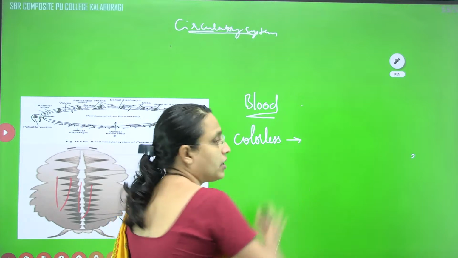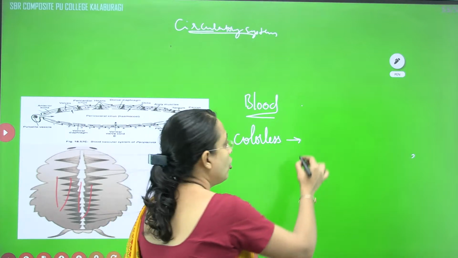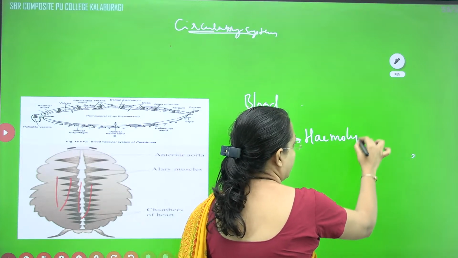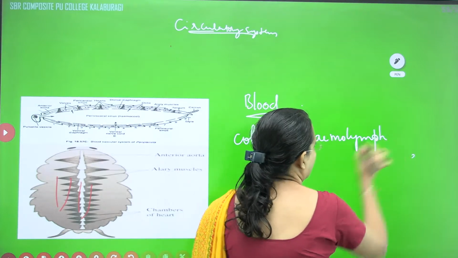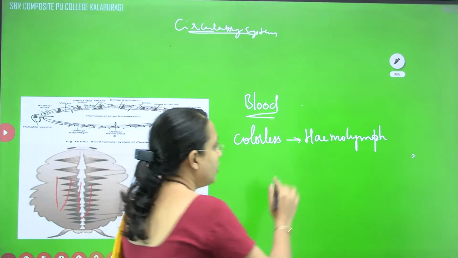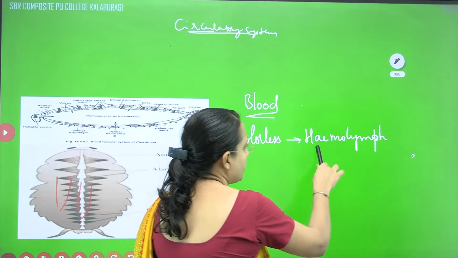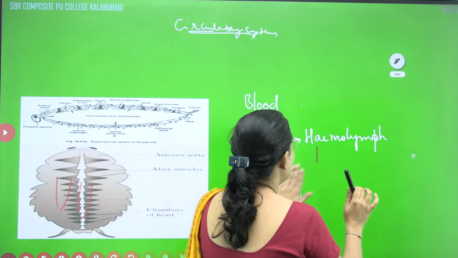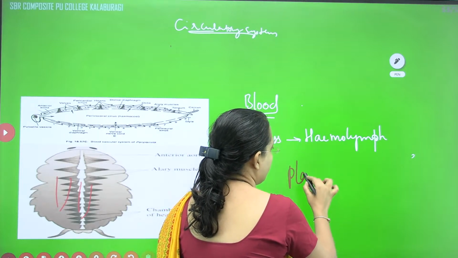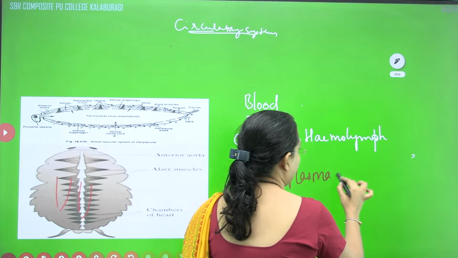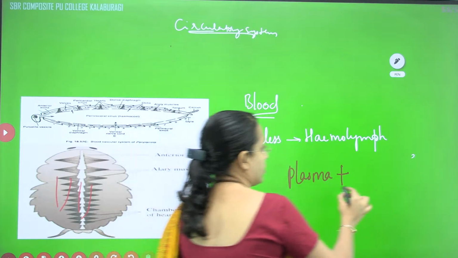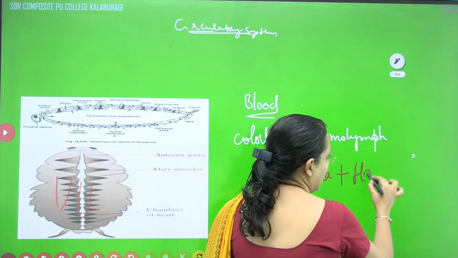Now the colorless blood of the cockroach is called hemolymph. This hemolymph is further composed of plasma, plus it also consists of hemocytes.